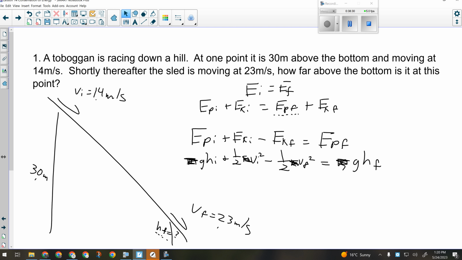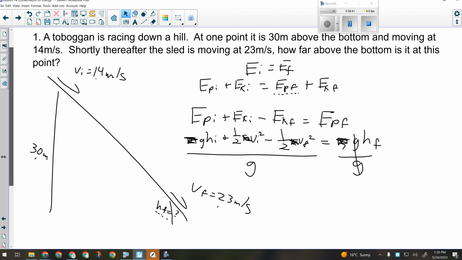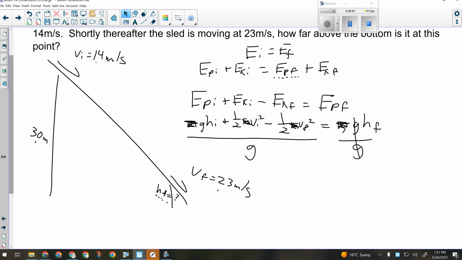Now that I've got that, I want to solve for HF, so I'm going to divide both sides by g. That leaves me with HF, and now I just need to plug in my numbers. We will have 9.81 times 30 plus 1/2 times 14 squared minus 1/2 times 23 squared. That's my initial potential, initial kinetic, and final kinetic.